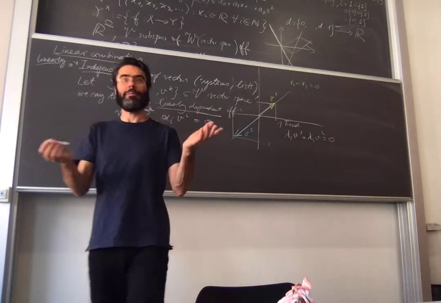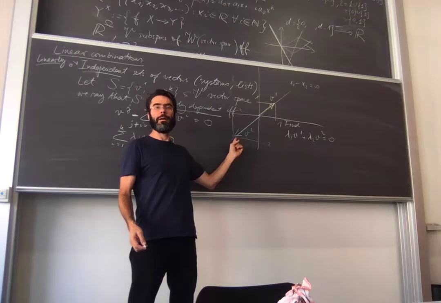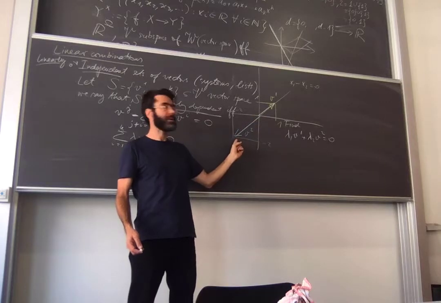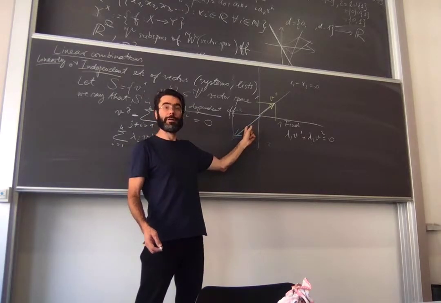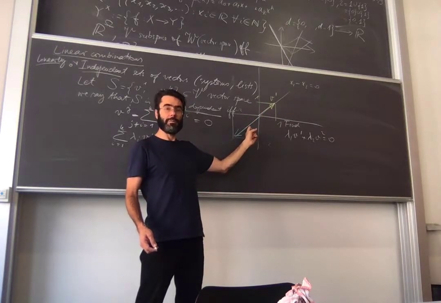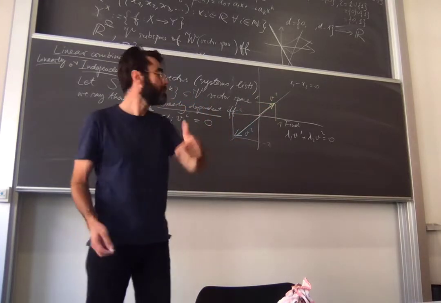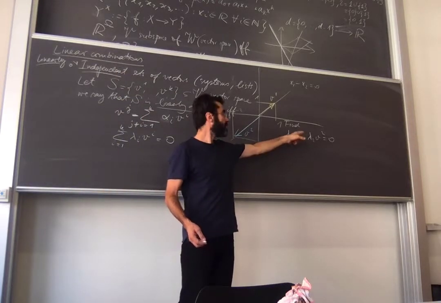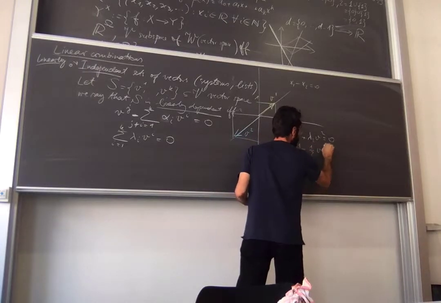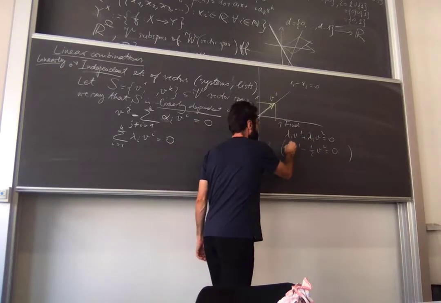It's easy to solve visually. How much do you have to multiply V2 to become the opposite of V1? By half, because if you multiply by half, you get scaled to here, exactly the opposite of V1. Then you turn the half into a minus a half. So 1 V1 minus a half V2 is equal to 0. That's the solution to my problem.